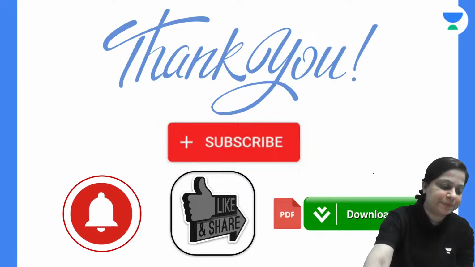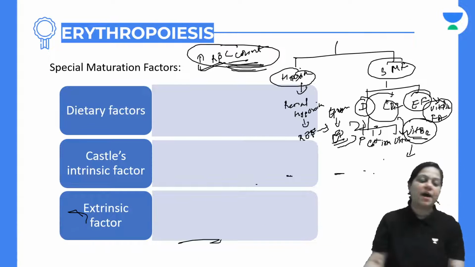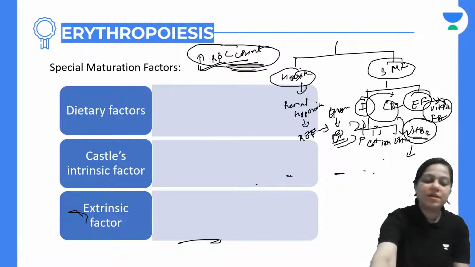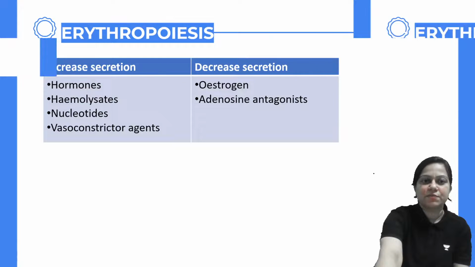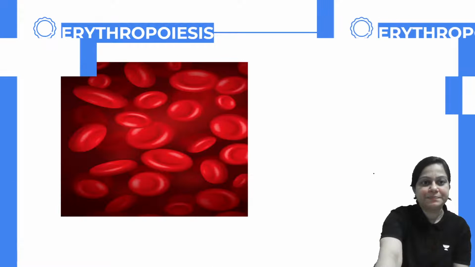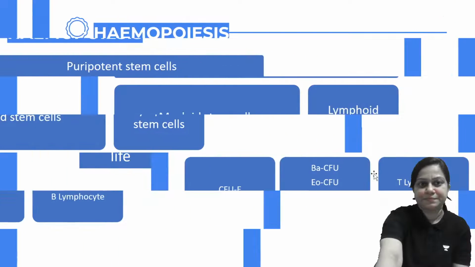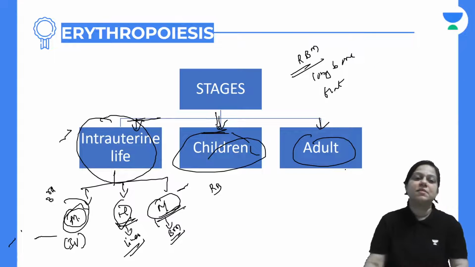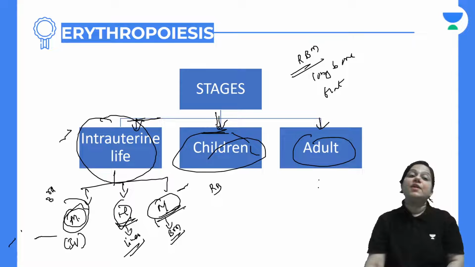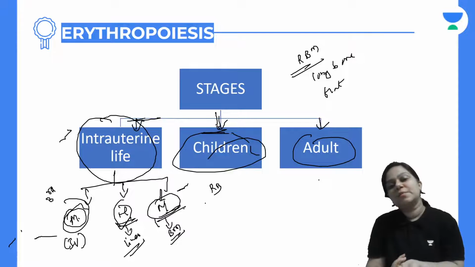Okay, so in that case, I would like to highlight the important questions which can be asked in the exam. One is the stages of erythropoiesis. At which stage of life does erythropoiesis occur inside the blood vessels?